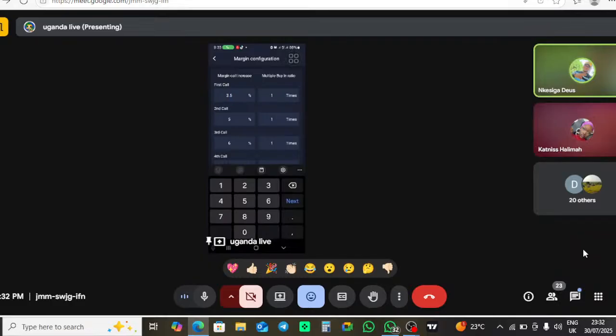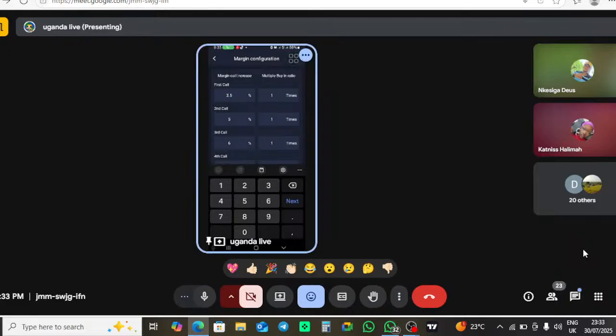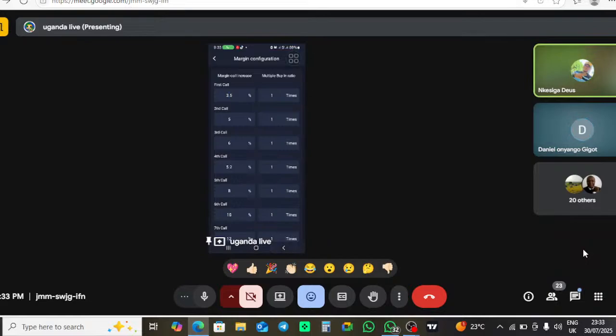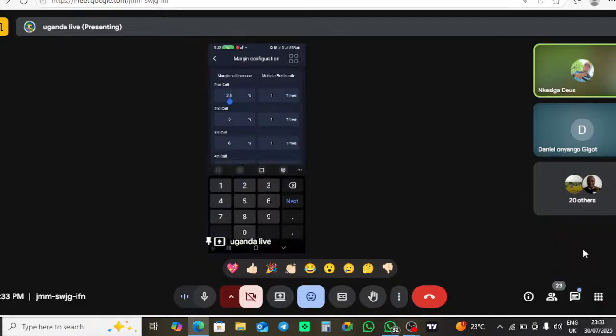Was it 0.3? What was it? 3.5 first. No, 0.3. The other drop we calculated together was 0.8. Yes, it was 0.3, which is representing 4.5. There you have to put 0.3, such that the robot can buy after a drop of 4.5.